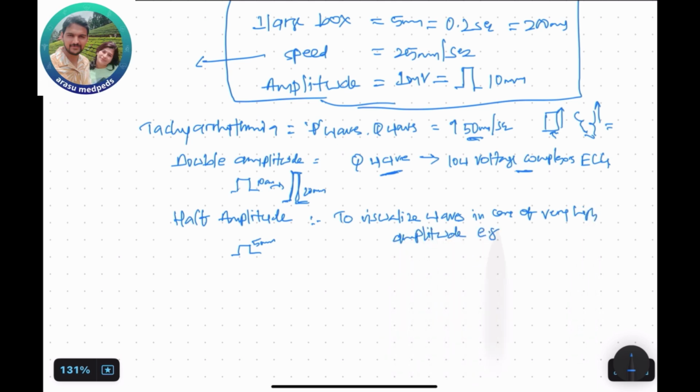For example, in case of left ventricular hypertrophy, we often see large spikes in the lateral leads, right? Like V4, V5, V6, we can see.